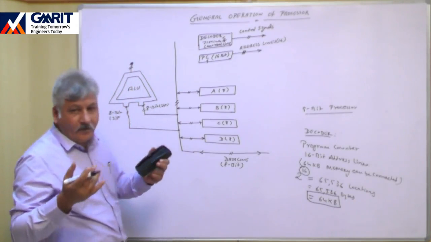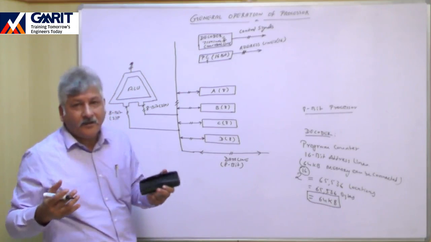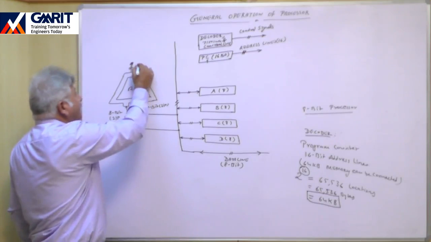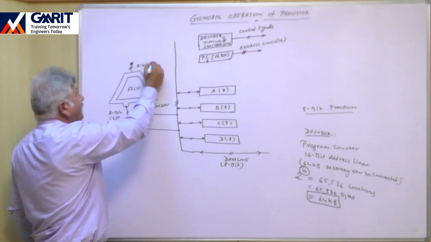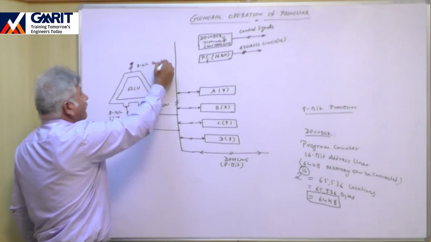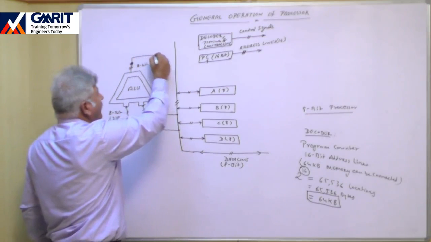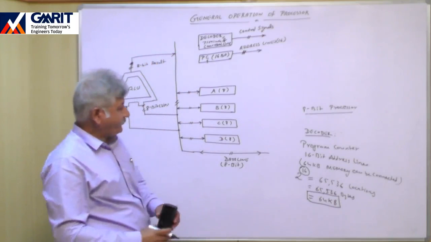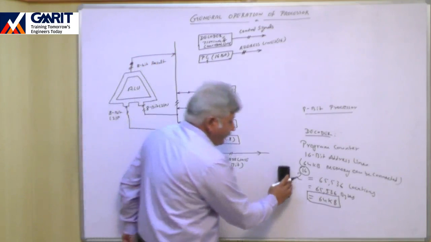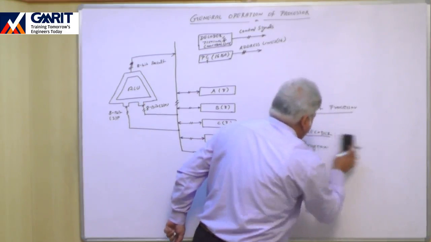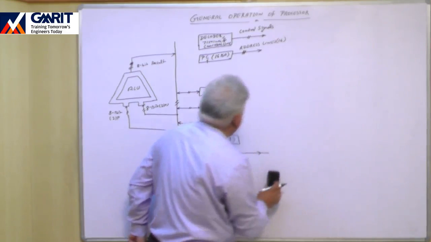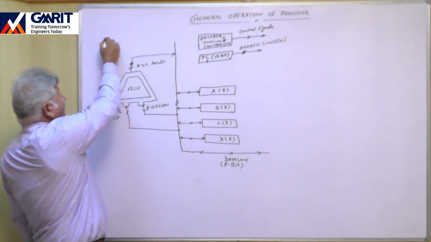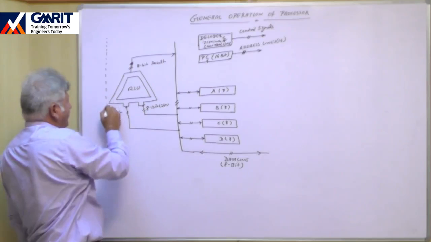Suppose we want to add two numbers. After the addition, we will get one result. That result will also be 8-bit. This will again be connected to this 8-bit data bus. So this is internal to our processor.